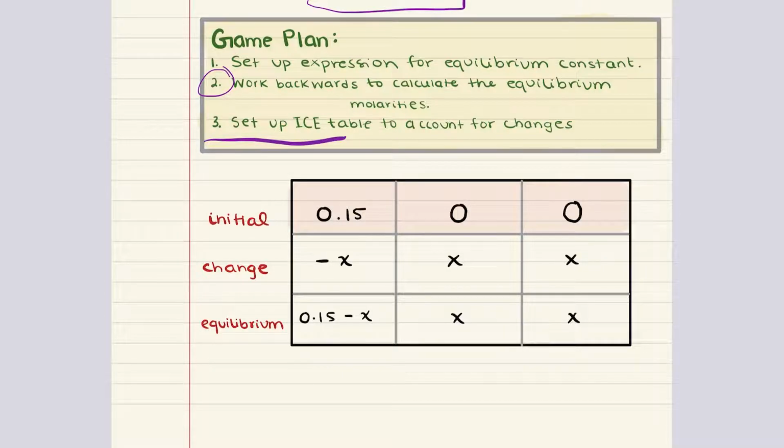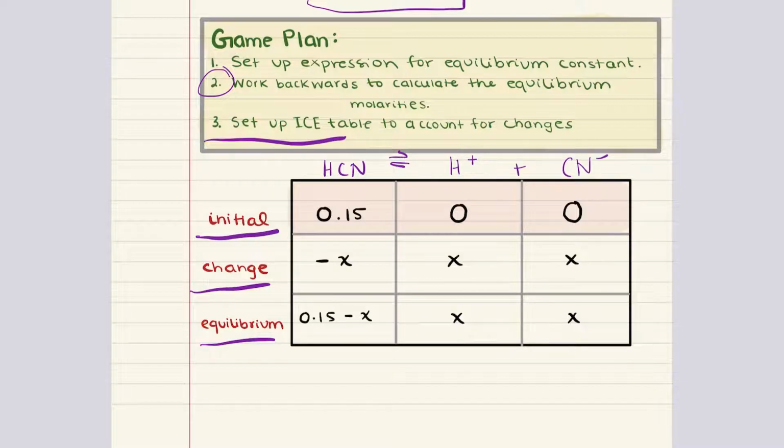It allows us to track the concentrations of reactants and products at 3 different stages: the initial concentration, the change that occurs as the system reaches equilibrium, and finally, the equilibrium concentrations.